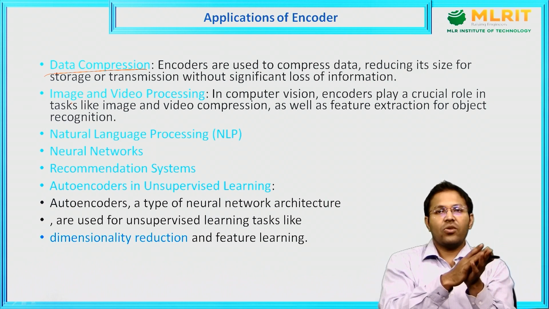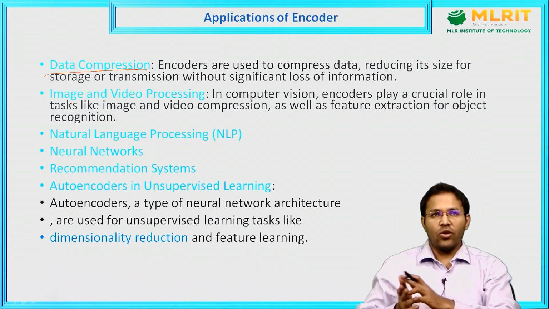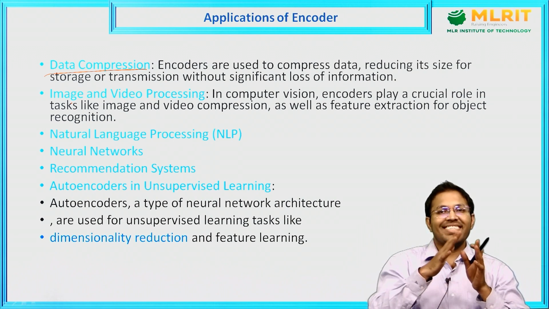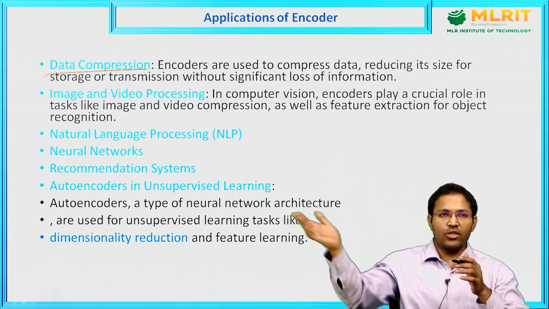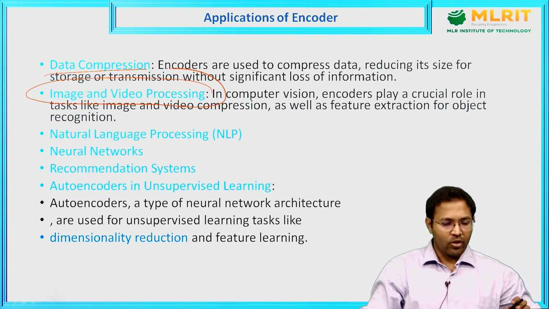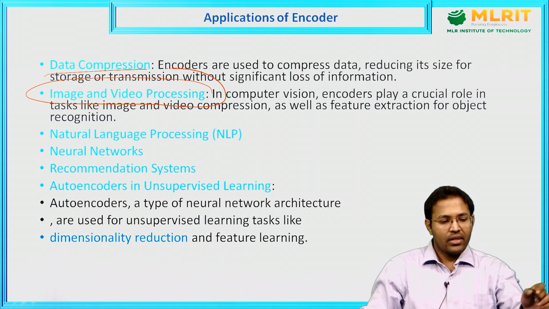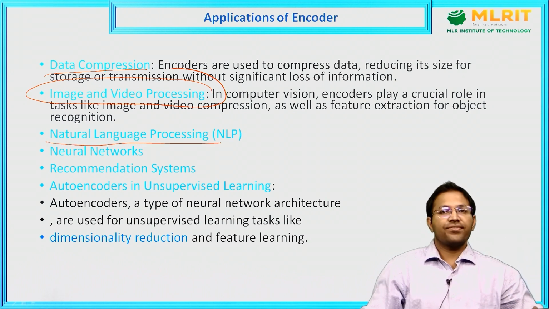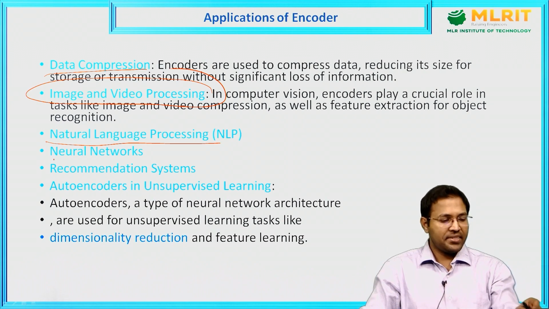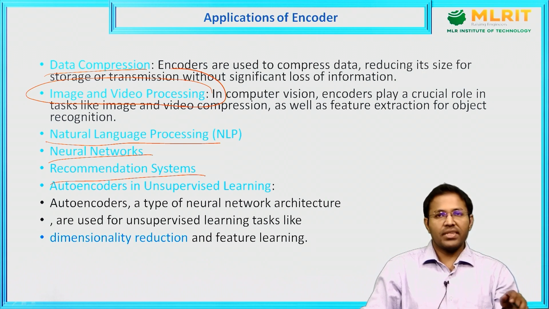Suppose there is a video that somebody would like to compress, or an image, so that the size of storage or transmission reduces. So it is useful in audio and video processing. It is also useful in natural language processing, machine learning related applications, neural networks, and recommendation systems.